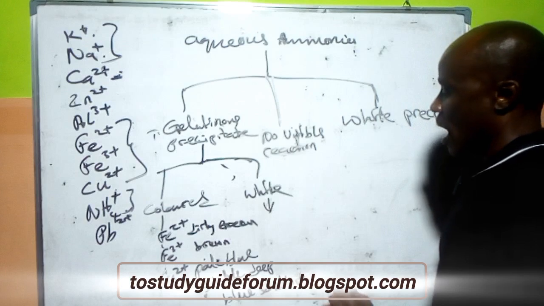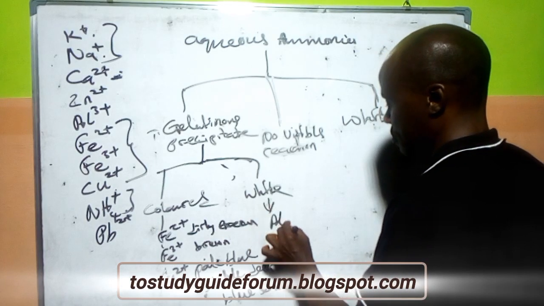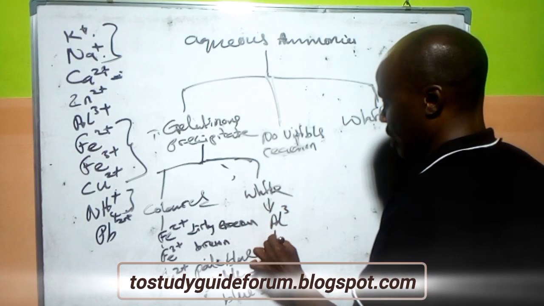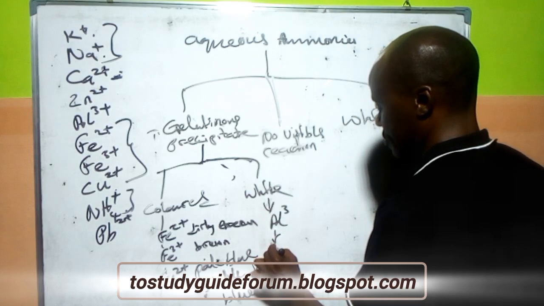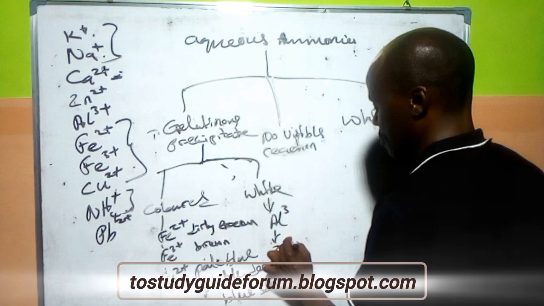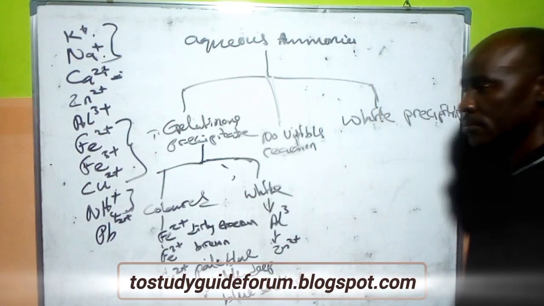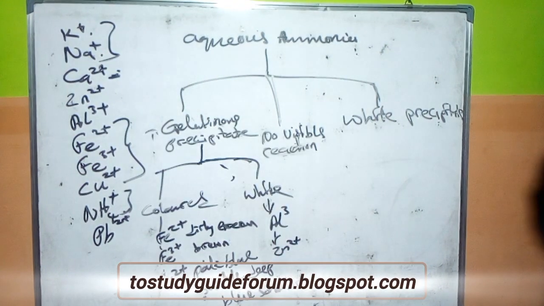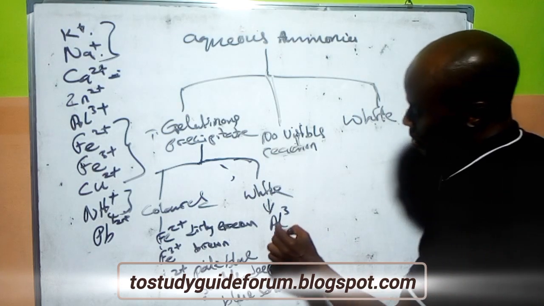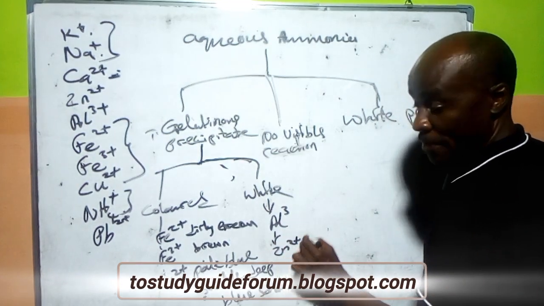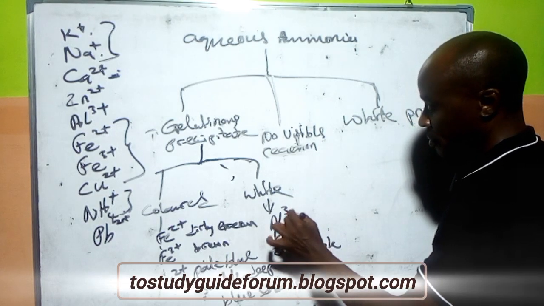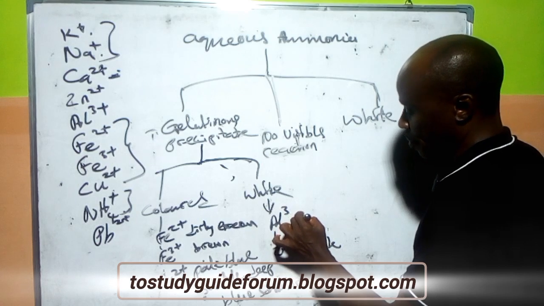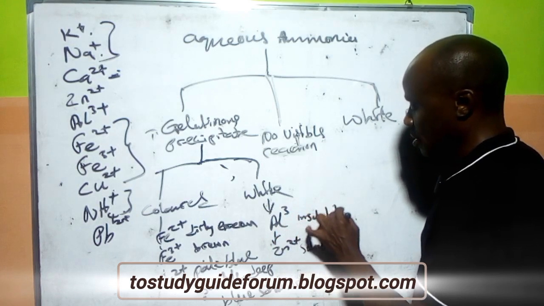We have aluminium ion, and then we also have zinc ion. In this case, the zinc precipitate here is soluble in excess, and the other one is insoluble in excess.